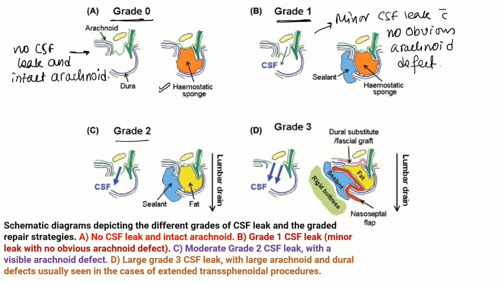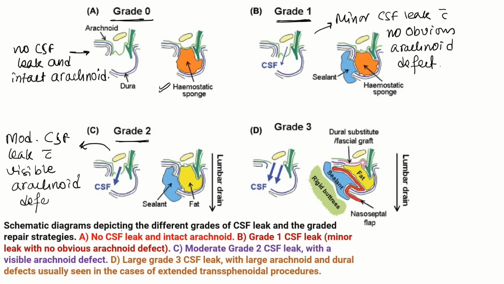Then this is grade 2, where there is a moderate CSF leak with a visible arachnoid defect. There was no visible arachnoid defect in grade 1, so here the arachnoid defect is being seen, not much larger, but yes, it's seen.